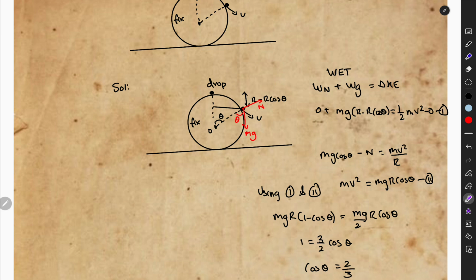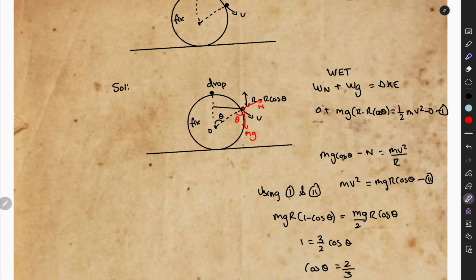now let me write this NLM equation, which is mg cos theta minus n will be equal to mv square by r. Do you agree?